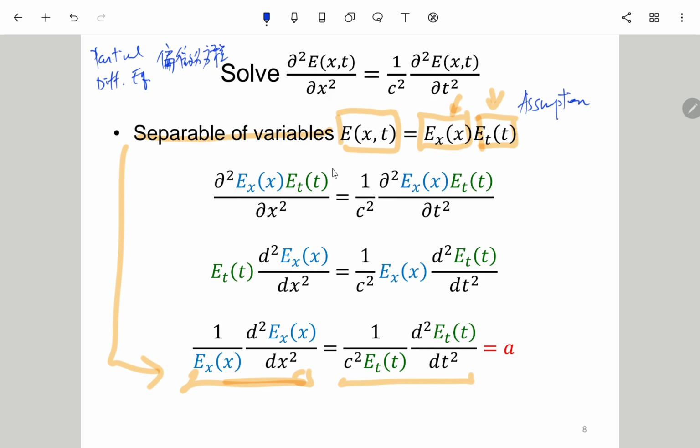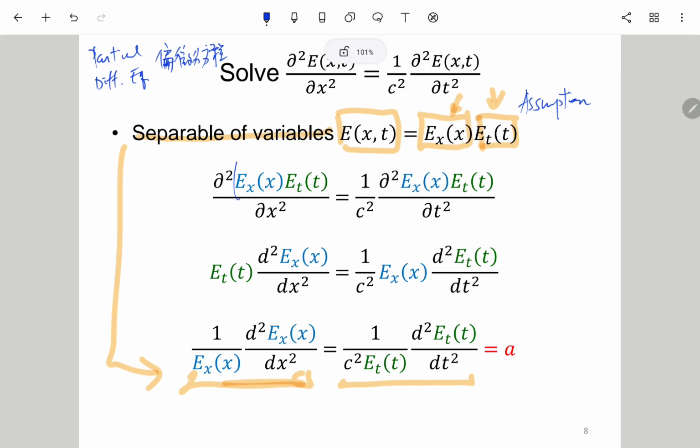Originally the whole thing has both x and t, so it is multivariable and we use the partial derivative. But since t is a constant with respect to x, once taken out the remainder is a pure function of x, so we do not need the partial derivative and can write an ordinary derivative, with a small d instead of the round one. On the right side it is similar, but here it is the second derivative with respect to time. So E_x of x is a constant with respect to time and we can put it outside.